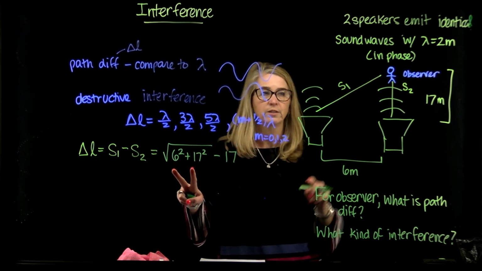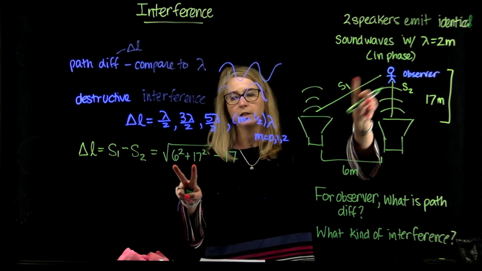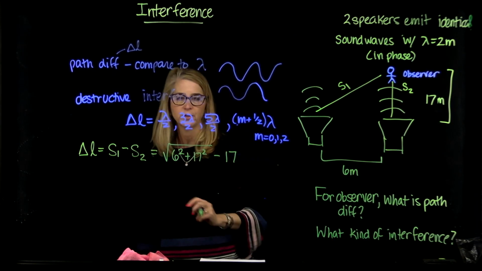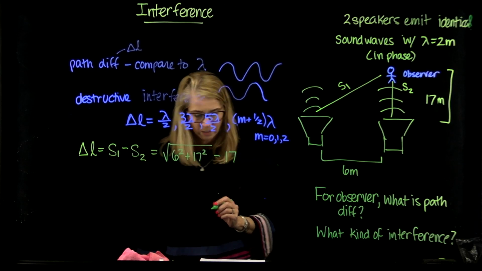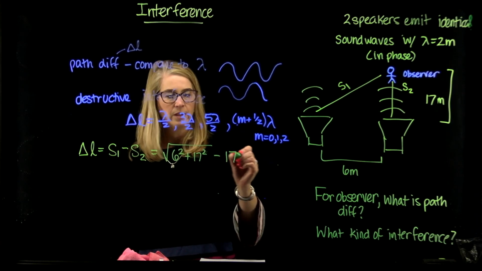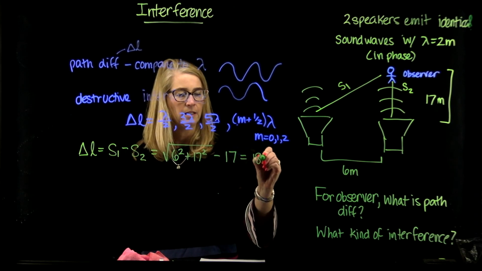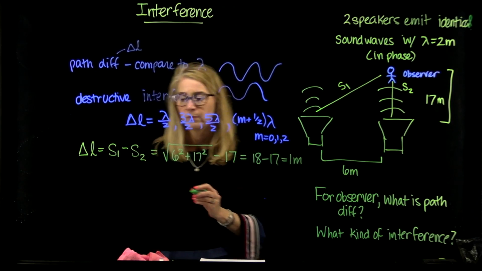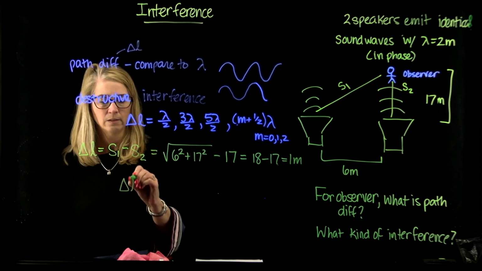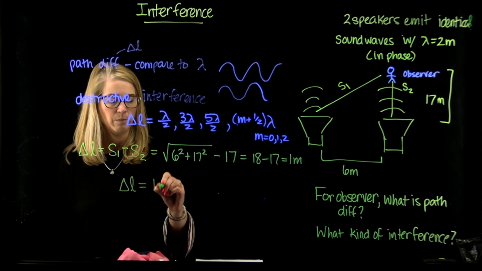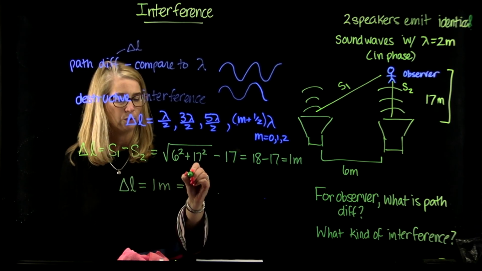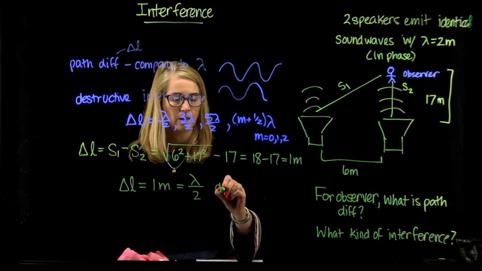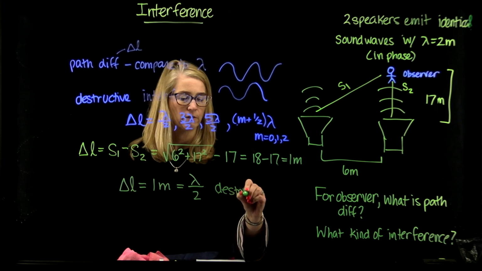So this is S1, this is S2, which has changed to 17, and of course S1 changes as well. It turns out that this is 18 minus 17, so this is equal to a difference of 1 meter. And so delta L is equal to 1 meter, which is actually equal to a half a wavelength. And so this is destructive interference.